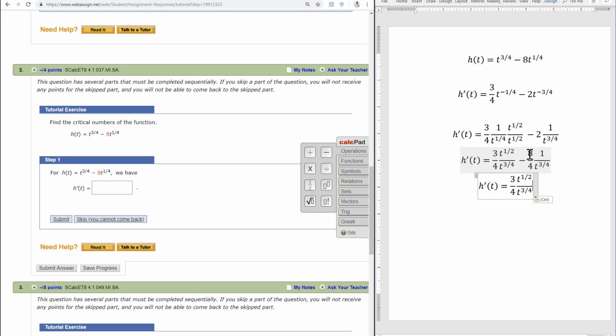We're going to have this thing minus 8 in the numerator, and then that's it. Want to be clear about this 3. This 3 actually belongs to this guy, and this 4 actually belongs to this guy.